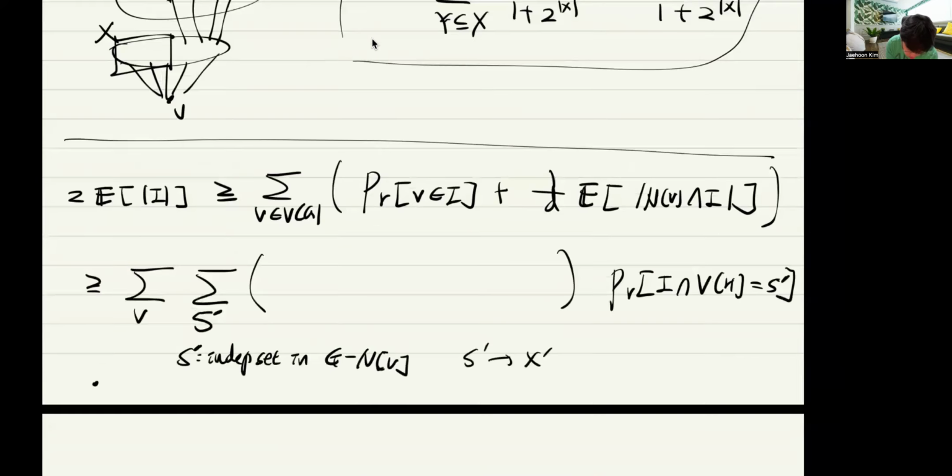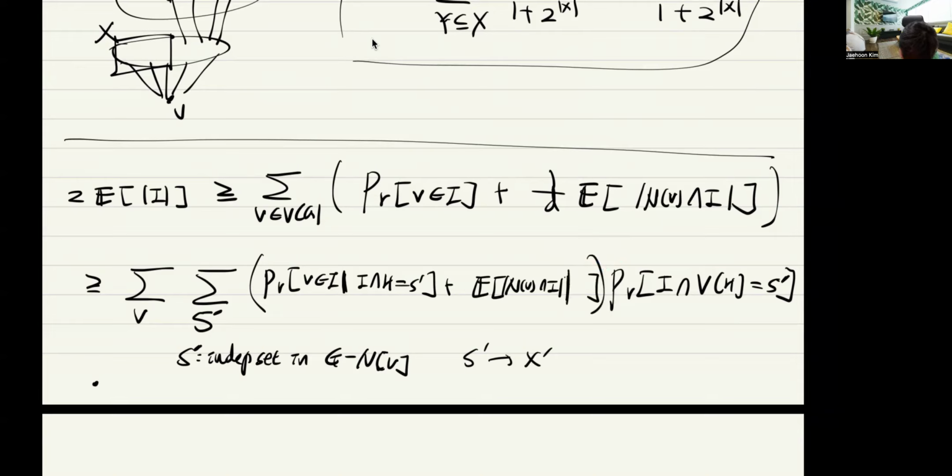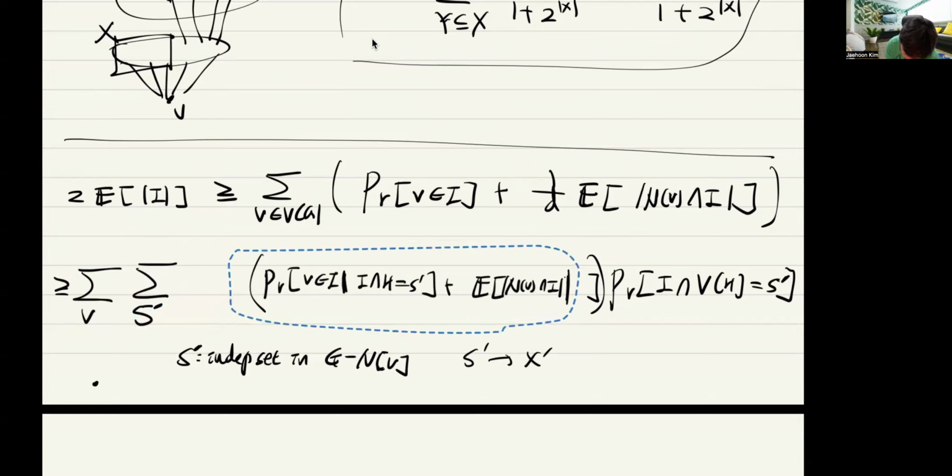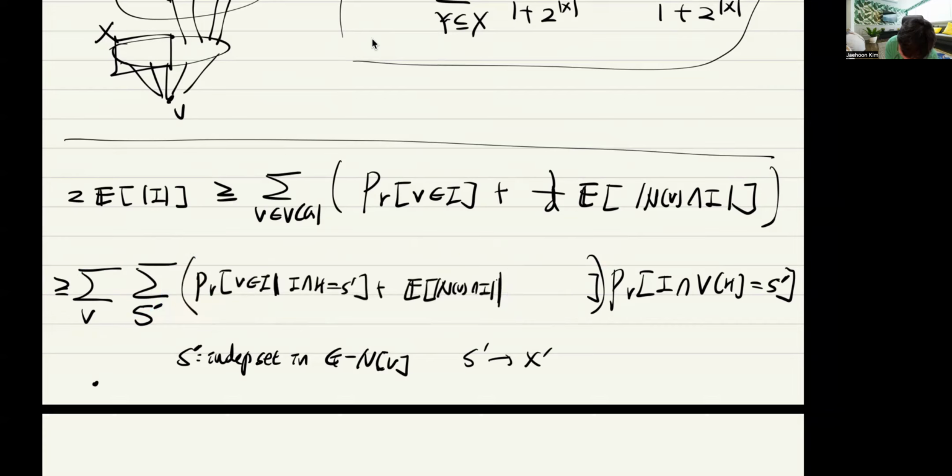what do you have to write here? The probability that B is in H, assuming this, plus the expectation of B intersecting with I. Again, the conditioning on the choice of the group, I intersecting with B_H with S prime.